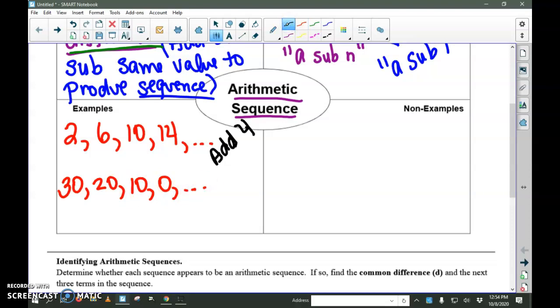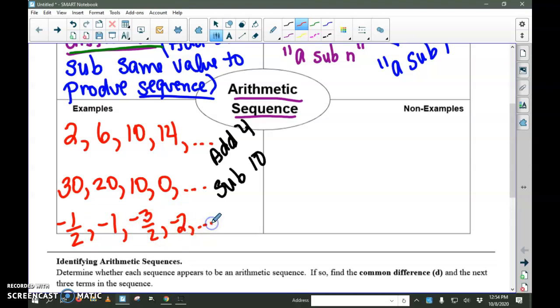And in order to create this list, I'm subtracting 10 each time. I want to get an example in there with some fractions. So if I have negative half, negative 1, negative 3 halves, negative 2, right? In this case, I am subtracting half. Or you could say that you're adding negative half. Okay, either of those would be fine.